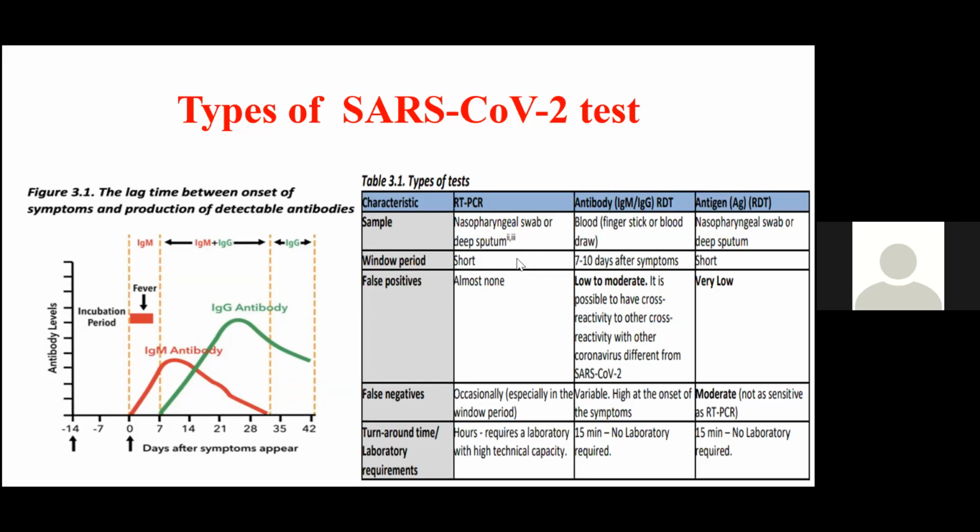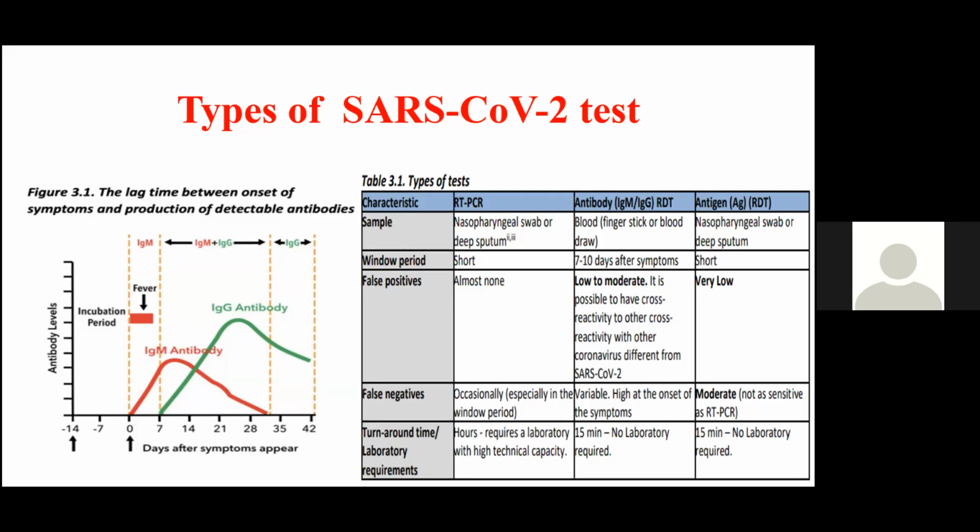The window period may be short for PCR, but for antibodies, IgM and IgG, it is 7 to 10 days after symptoms, and for the antigen it is also short.